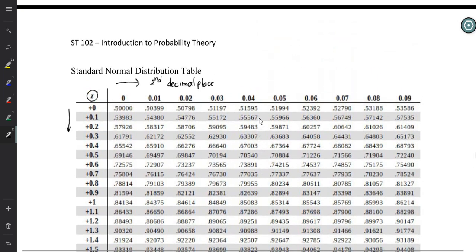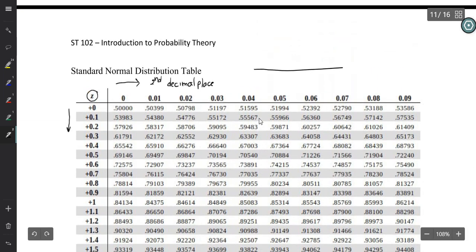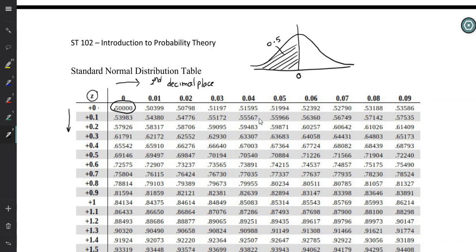The other important thing is this table will give you the probability of the left tail. So here is z equal to 0.0. What is the probability? 0.5. That is, this whole left tail is 0.5, that is 50%, because it is the midpoint. By symmetry you have 50% to the left, 50% to the right.